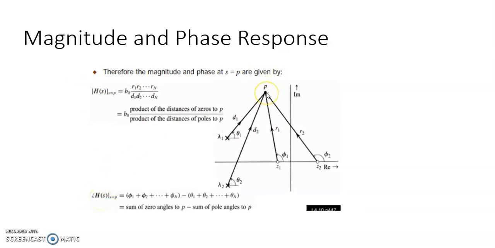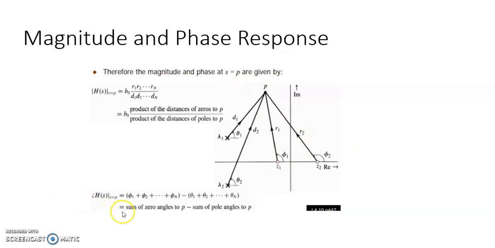So for example, this is the location of the pole from the zeros. You will be calculating the angles, that is theta 1 and theta 2, with respect to the poles, and the position of the zeros with respect to these poles is phi 1 and phi 2.